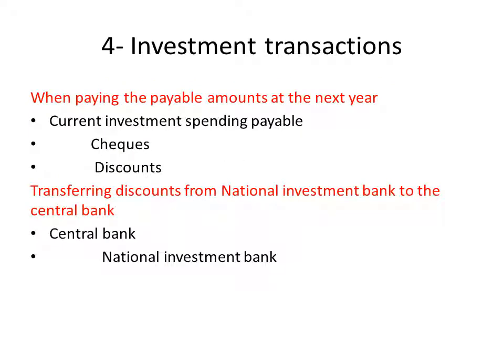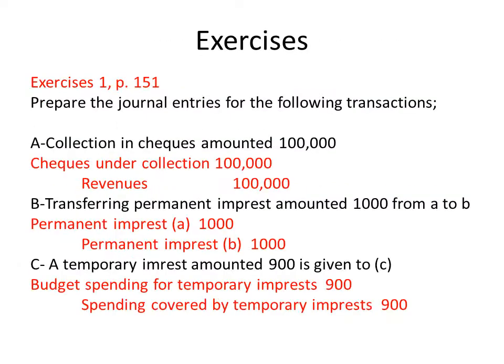And in the next year, when paying the payable amount, the entry would be current investment spending payable, and on the credit side checks and discounts. And when transferring the discount from the National Bank of Investment to the central bank, the entry would be central bank, on the credit side National Bank of Investment.